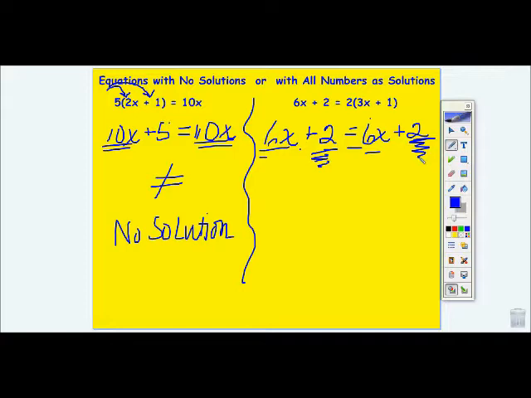So 6x plus 2 equals 6x plus 2. That's going to be always true. So the answer would be all solutions. No matter what I plug into x, since it's on both sides of the equal sign, having the same operations done to it, any value of x will give me equal expressions on both sides.